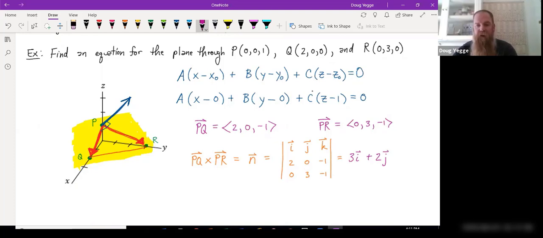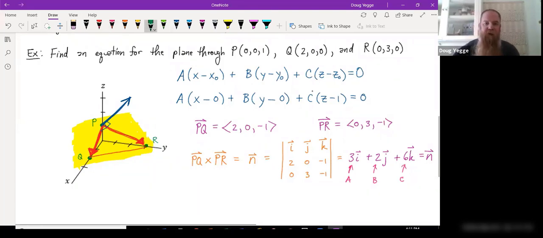And finally, in the k direction, 6 minus 0 is 6, so we get plus 6k. And that is what represents our normal vector.